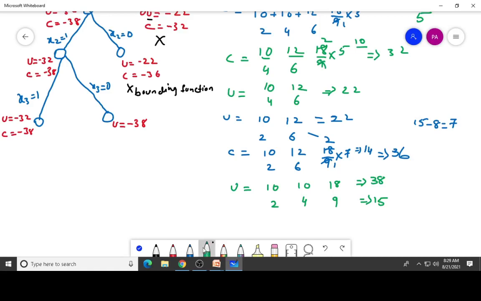We need to find the C. C is equal to, when we add 10, 1, 2 and the fourth item, we will get the same answer, 15, and here we will get the 38. So what is the cost now? Cost is also the same, minus 38. So here without fraction we got the 38.